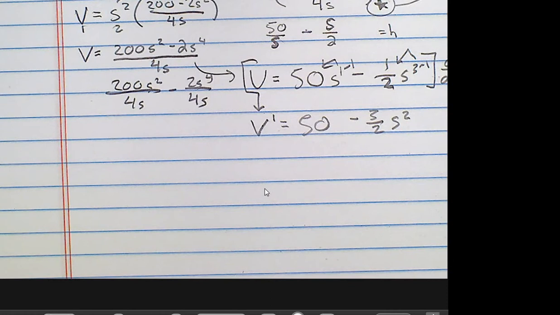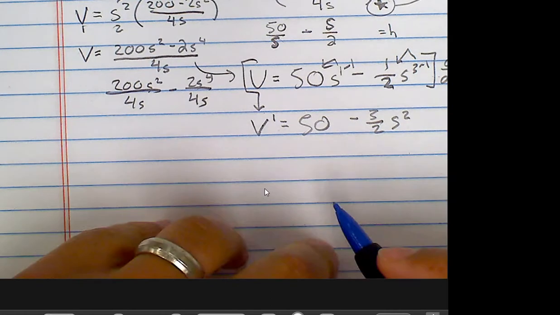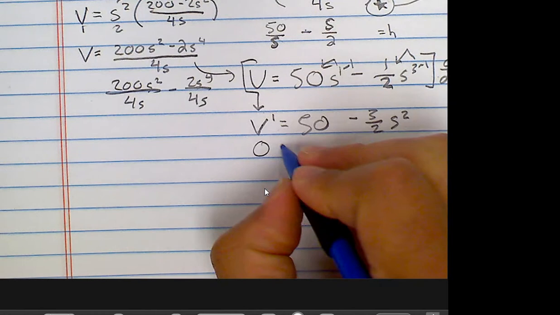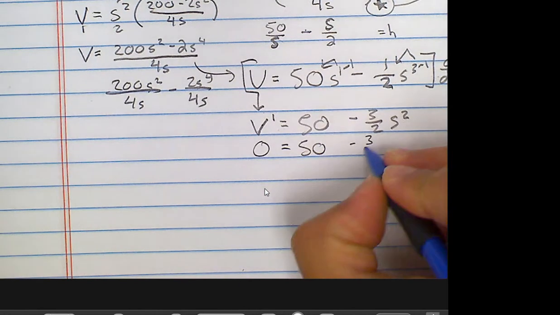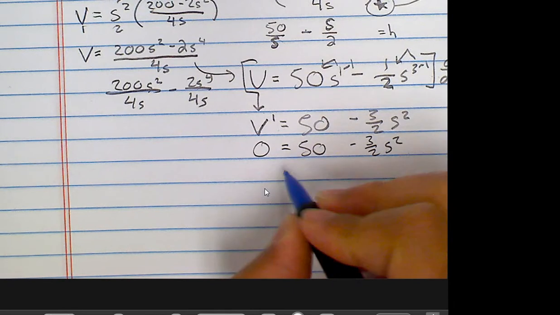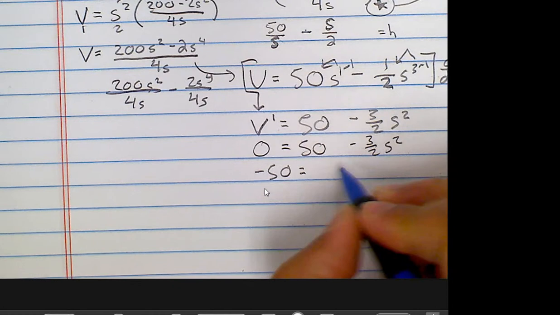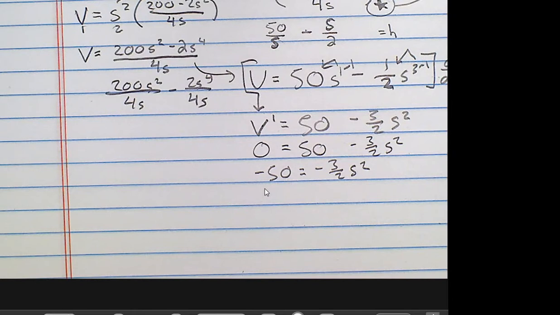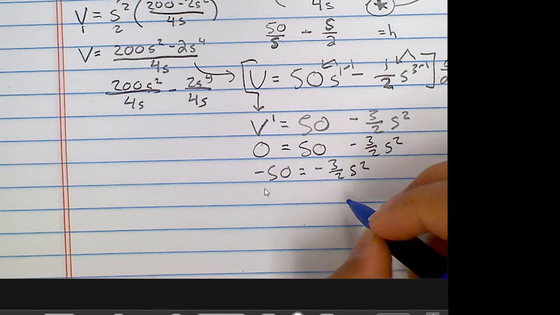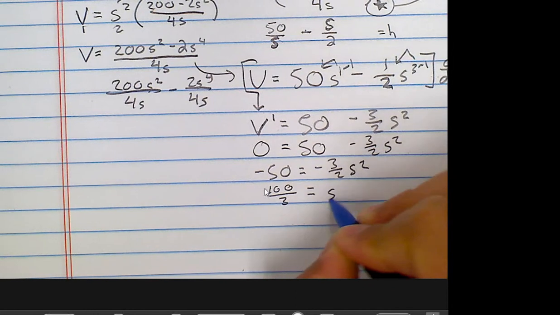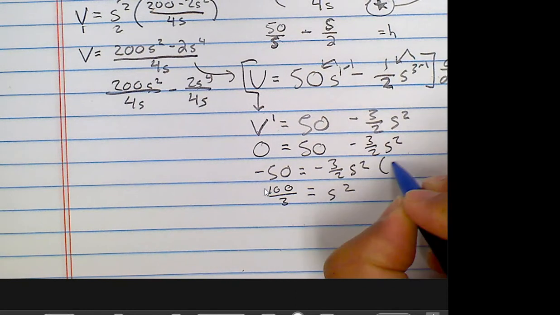Now, what does the optimization process say we need to do with the derivative to find the maximum or minimum? Set it equal to 0. So 50 minus 3 over 2 s squared equals 0. And go ahead and solve. Multiply by the reciprocal right here.